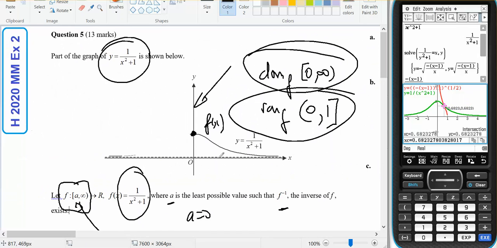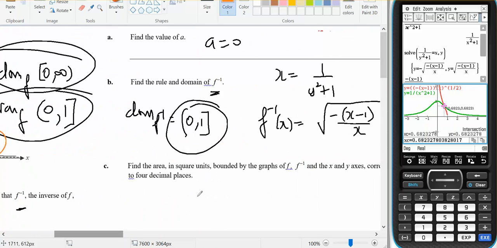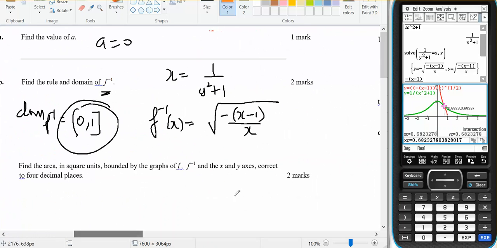So now I've got this other curve that looks like that, and I'm now looking for this area in here, and that intersection point is 0.68. So I need one definite integral where I have this as my top, my curve, and another one where I have the inverse. So find the area in square units, 2 marks.